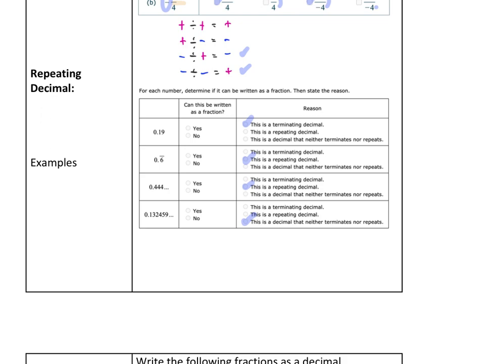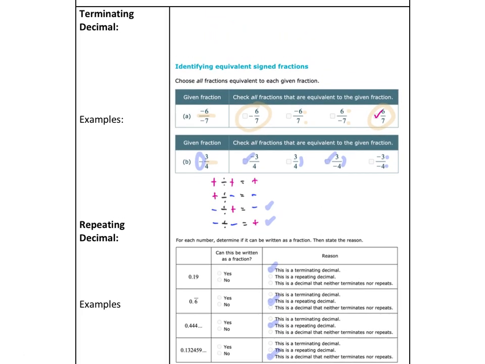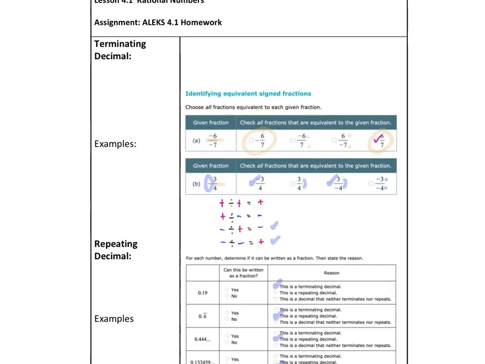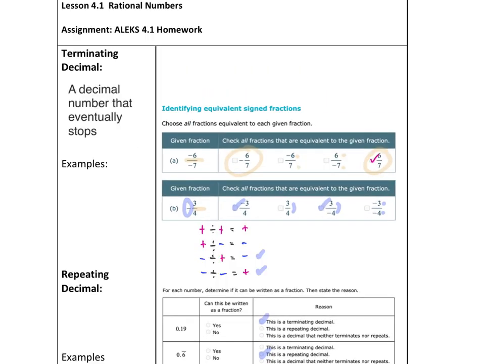Terminating means it ends, okay, so that it has an end. It stops at some point. So you would write in there that a terminating decimal is one that ends, a decimal number that eventually stops. So write some examples if you can think of them, but an example of that would be 4.375, because it ends, right?